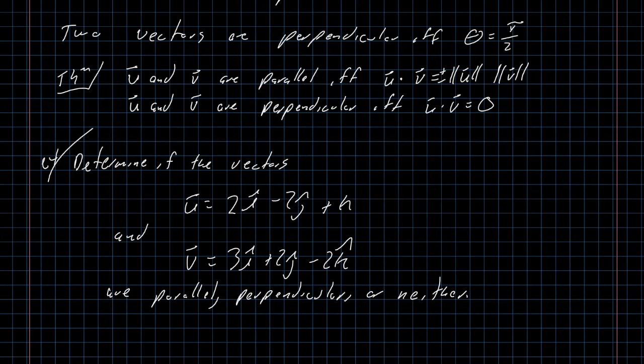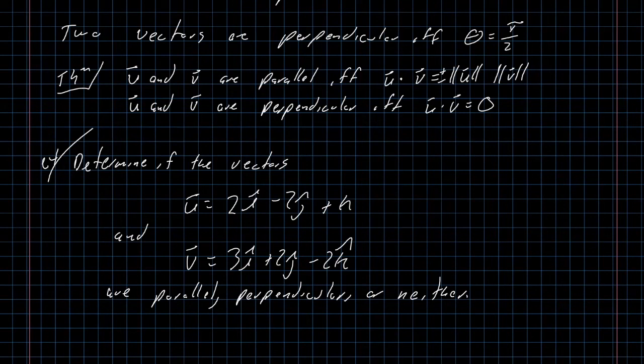Huh. So there's something for us to bite our teeth into. If I have vector u, 2i minus 2j plus k, and I have vector v, 3i plus 2j minus 2k, then I can ask the question, are these two vectors parallel, perpendicular, or neither?